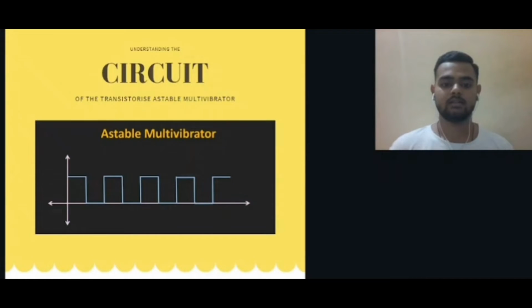Now moving ahead to the construction of the circuit, we should know the theoretical concept of the circuit. There are so many questions in our mind, like what is a multivibrator, what is astable, and so on. So the very first concept we will learn is what is an astable multivibrator.